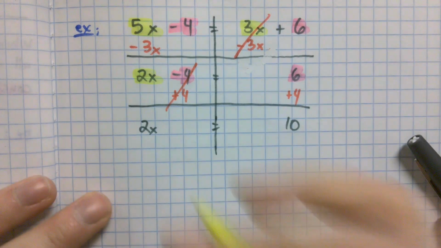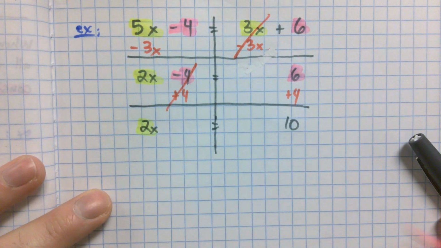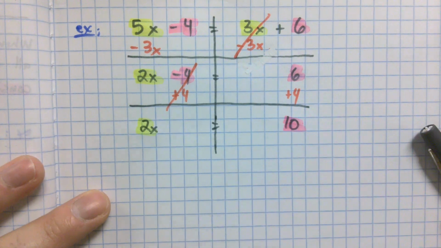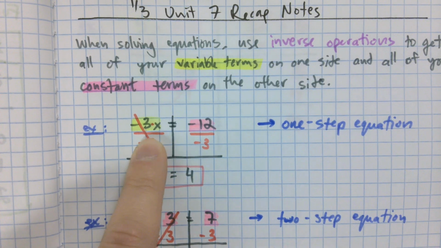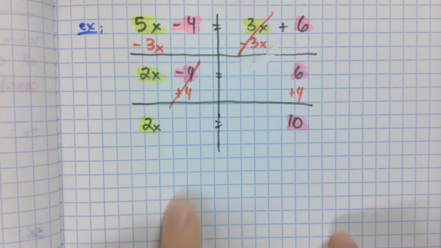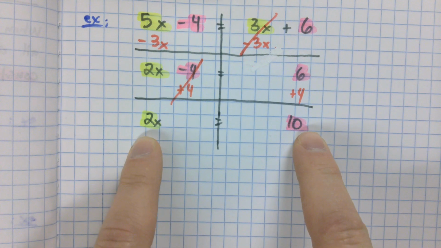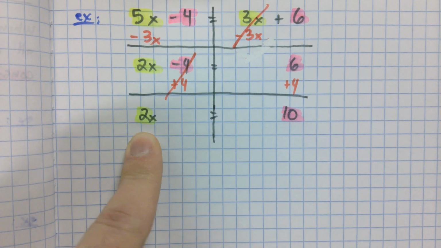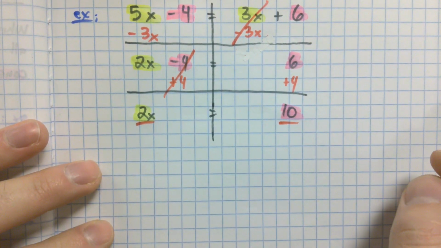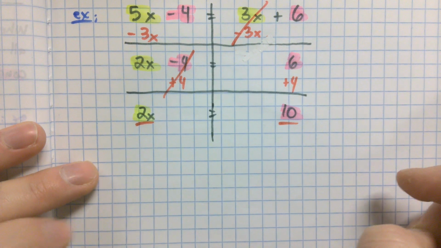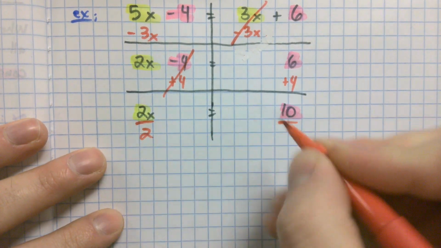So now I've got one variable term on the left, one constant term on the right. We're right back to where we started with that very first example. Yellow on the left, pink on the right. All we have to do now is divide. What are we going to divide both sides by? 2.